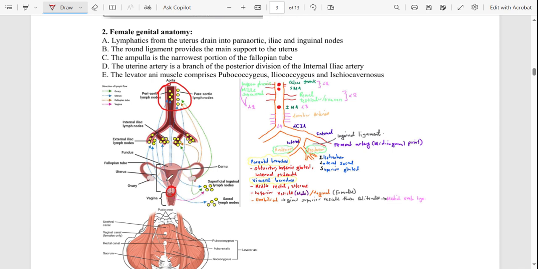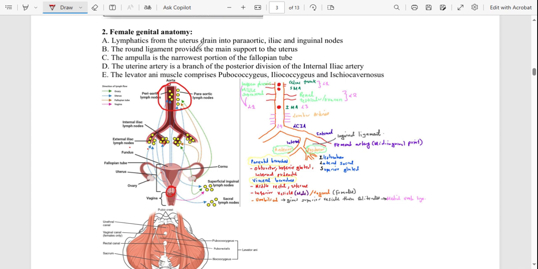And then part of the cervix, as we said, goes to the internal iliac nodes, and the others go to the external iliac nodes. The body of the uterus is also going to the iliac vessels. So we have the para-aortic, the iliac, and then the inguinal. That's the uterus altogether.